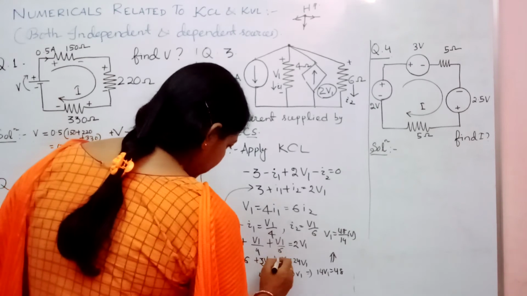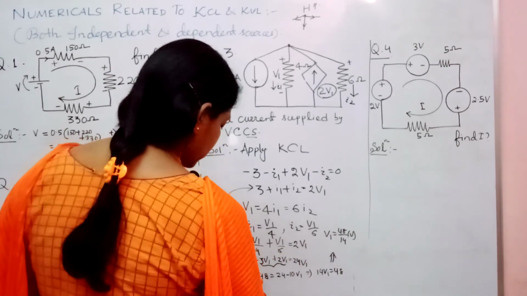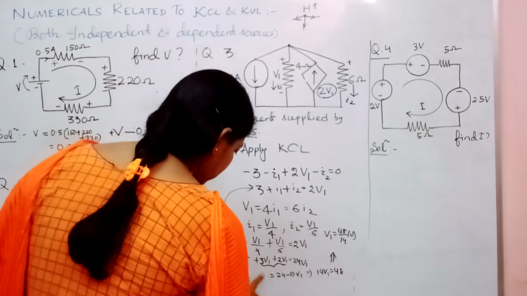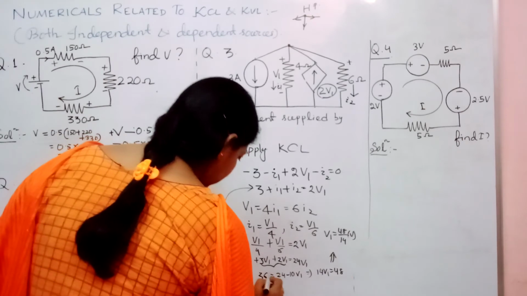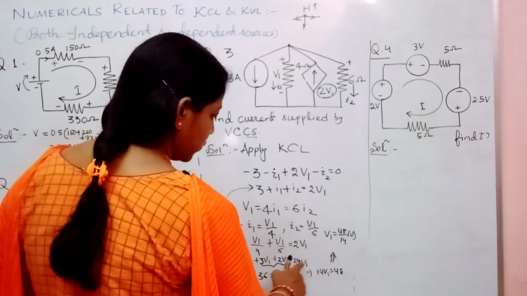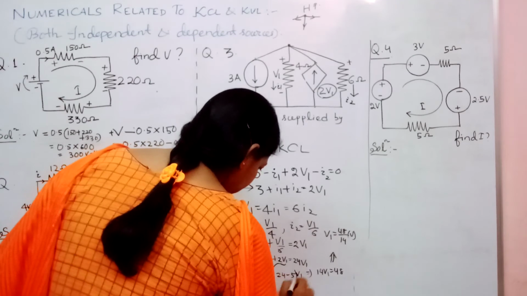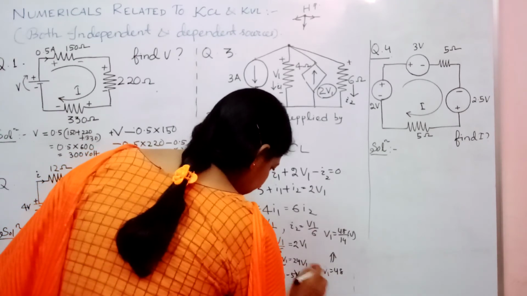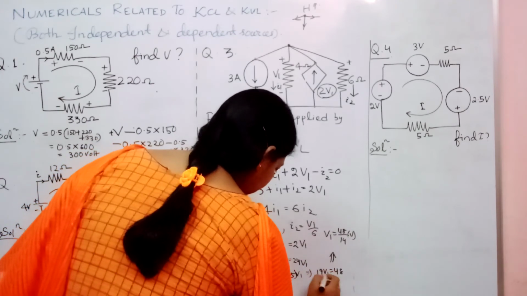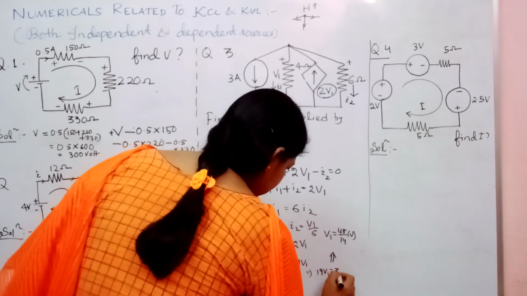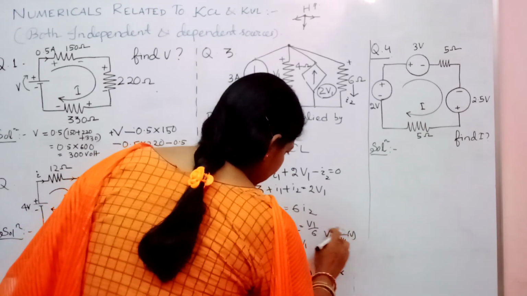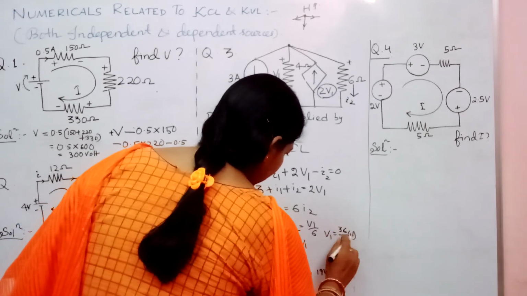This is 2V1. This is 24. So hence 36 equal to, sorry, calculation mistake. 36 equal to 5V1 plus 24. So 24 minus 5, hence it is 19V1 equal to 36. So the answer is 36 by 19.